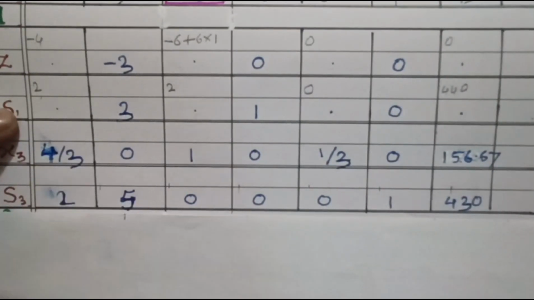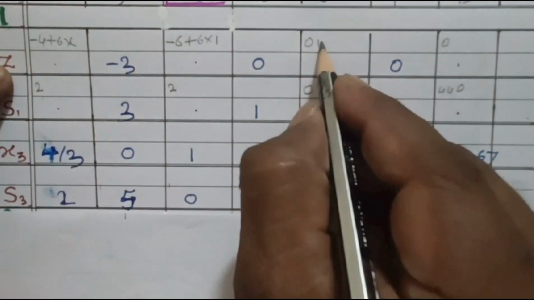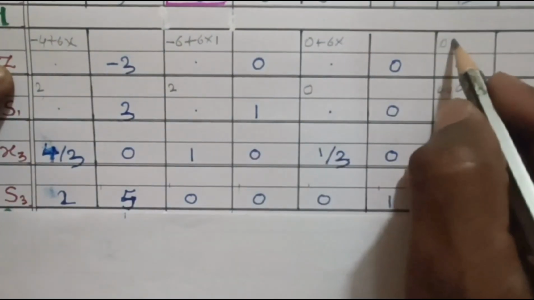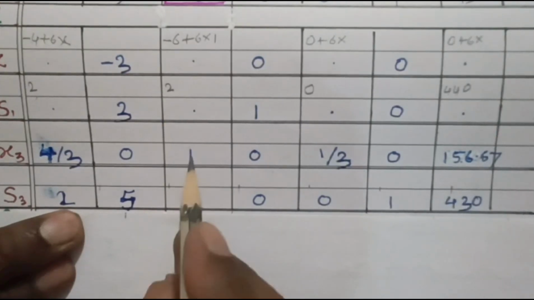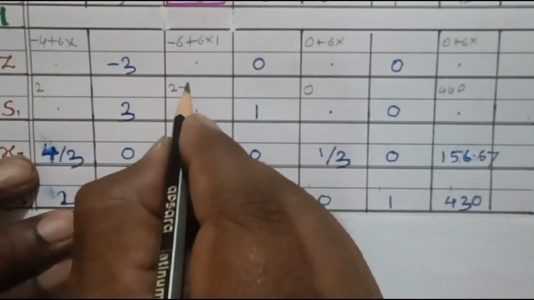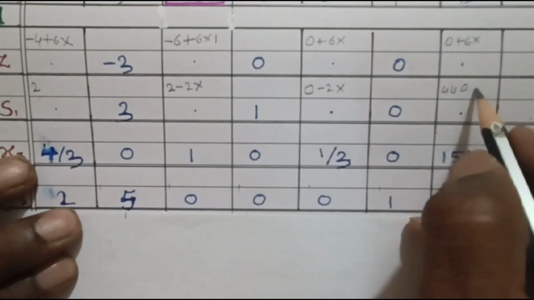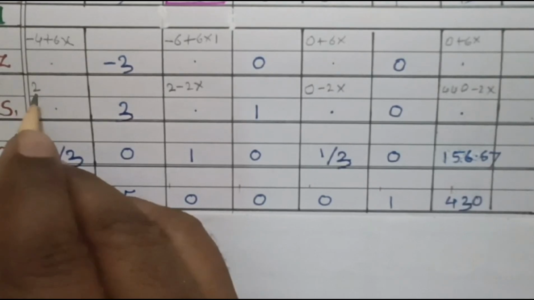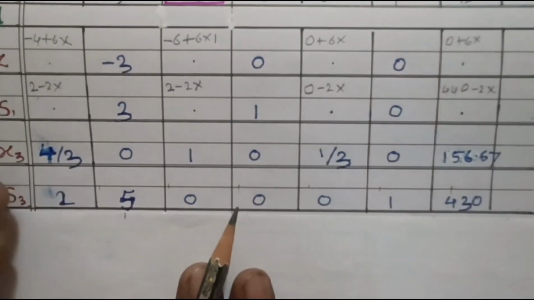Same operation here: -4 +6 into, and here also +6 into. Similarly, to reduce this element to 0, its opposite is -2, so we write -2 into here, and here also, and in this case also -2 into. These elements we have to find out by calculating.